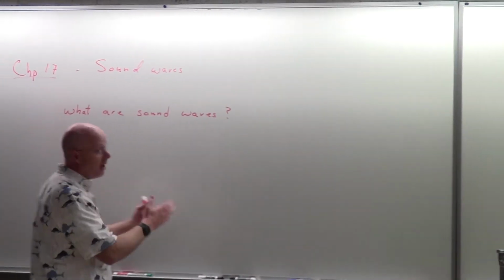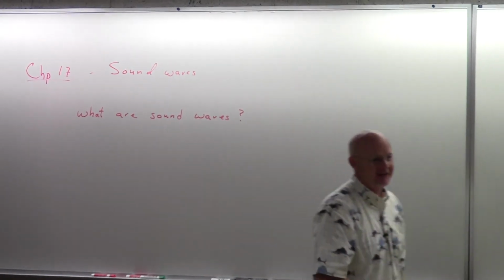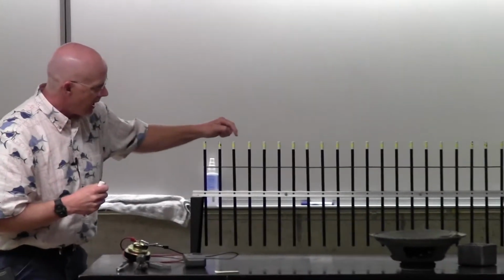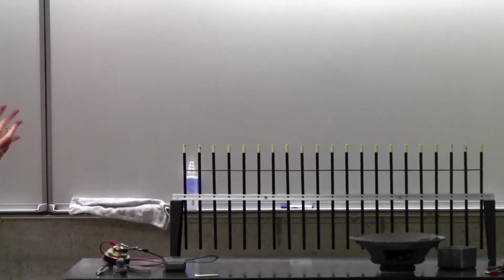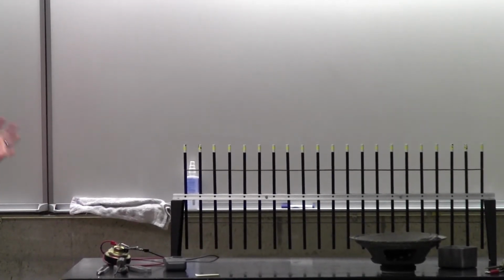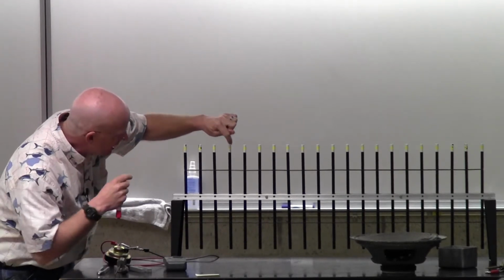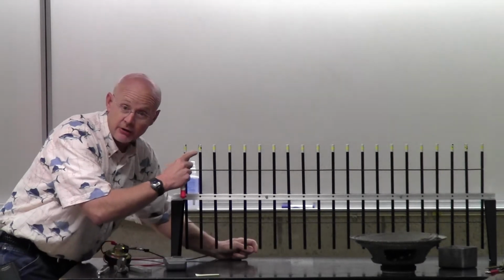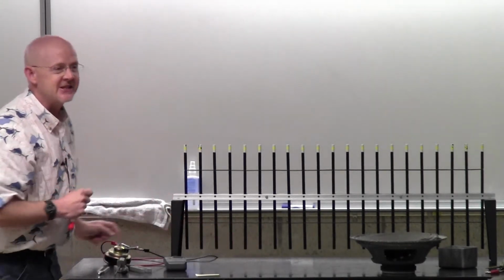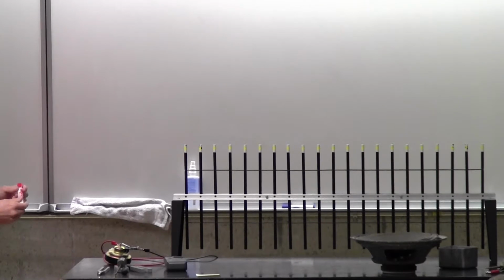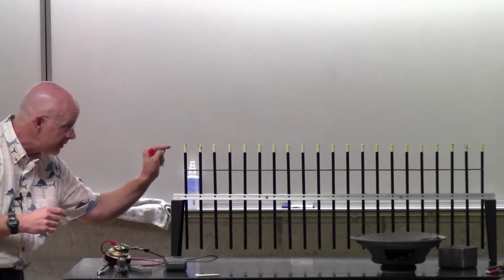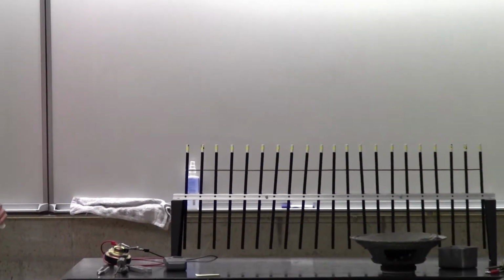First question, what are sound waves? Here's probably the best visual example I can give you. If I take these rods, and if you think of them as little spheres floating in the air, which is why we put these little stickers, a fluorescent sticker there, and I come along and hit the first little sphere, what does it do?